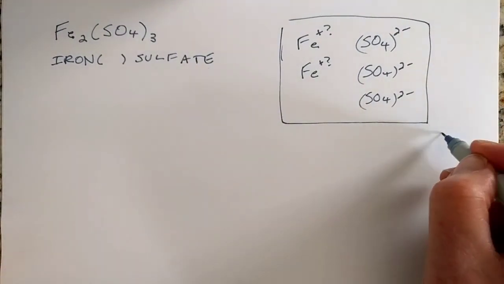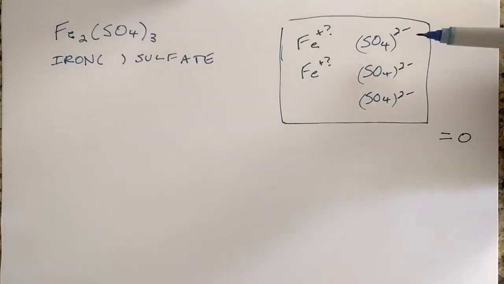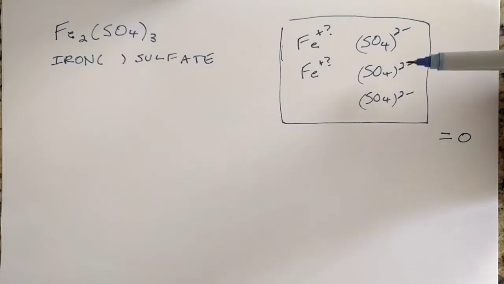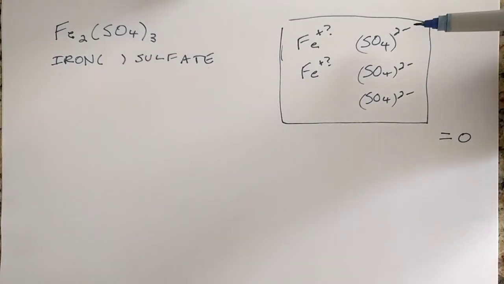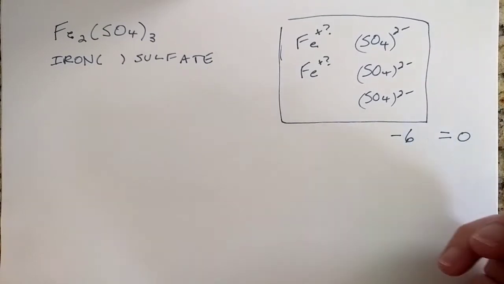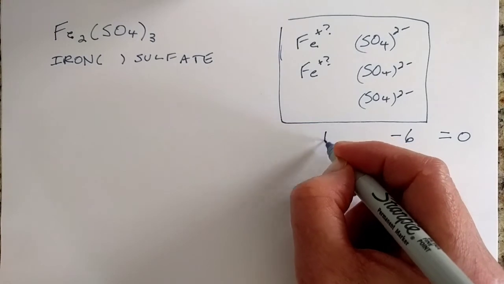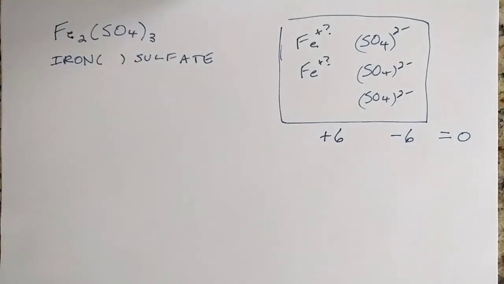Now, we set the whole thing equal to 0. We're always going to know what the sum of the negative charges are because we know what our negative ions are. So 2, 4, 6, we have a -6. That means the sum of the positive ions has to be a +6.